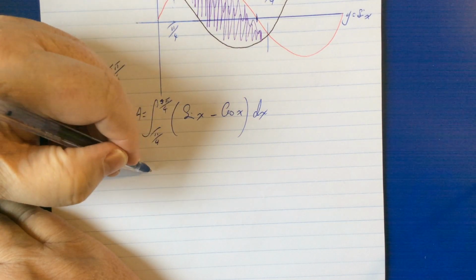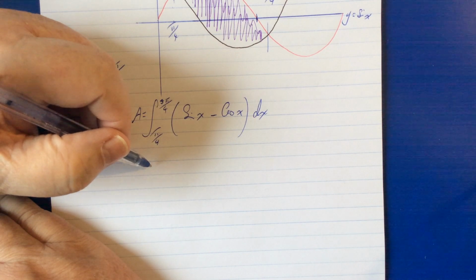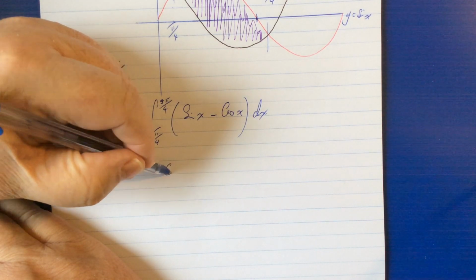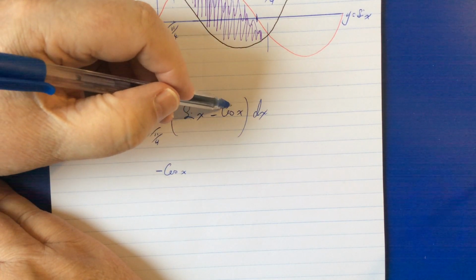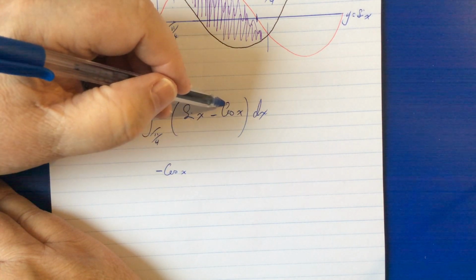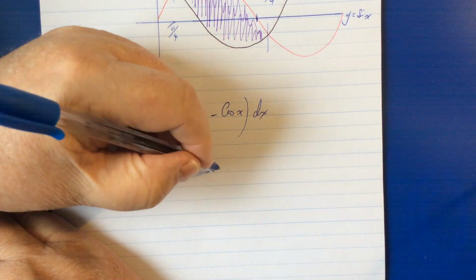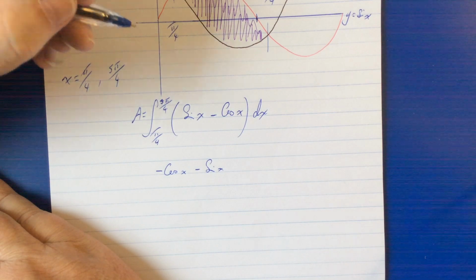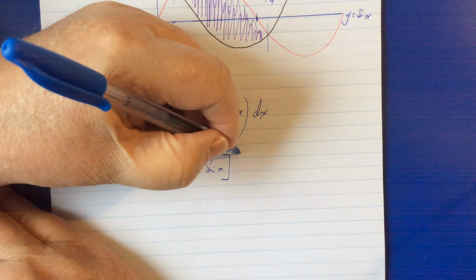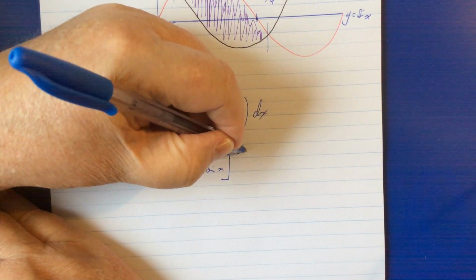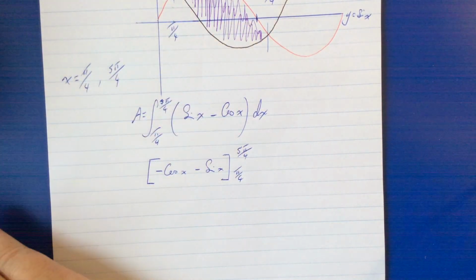What do we need? We need the integrals of these, which are negative cos x, and this would be positive sine x, but we have a negative here, so it's negative sine x. And we'll just put those values between square brackets, 5 pi on 4, pi on 4.